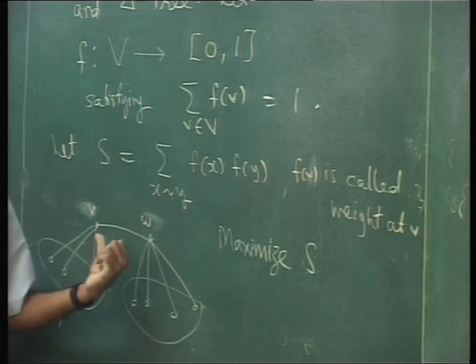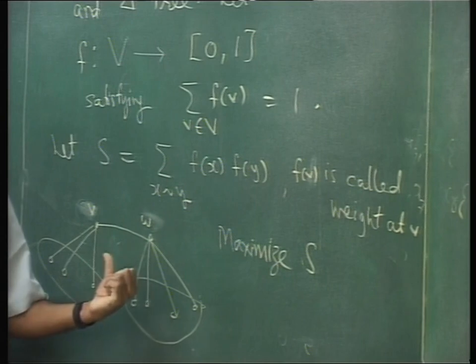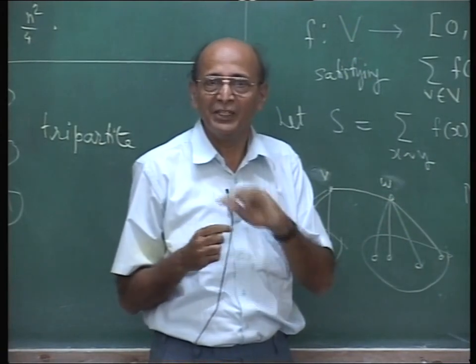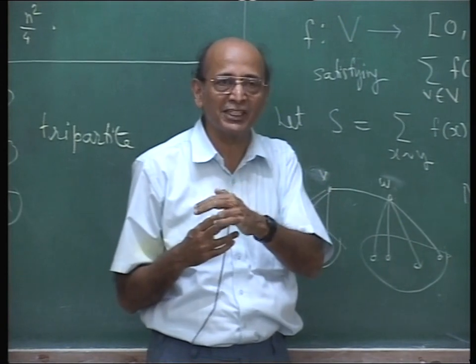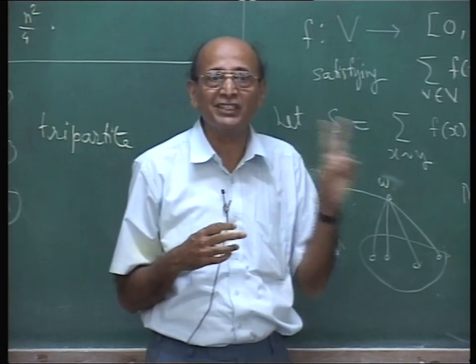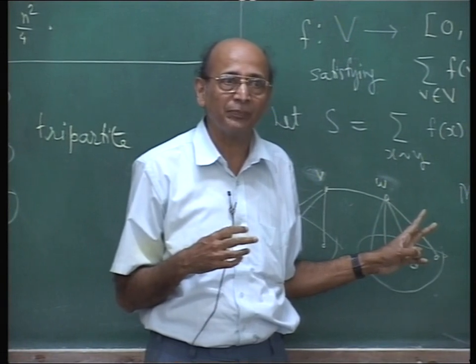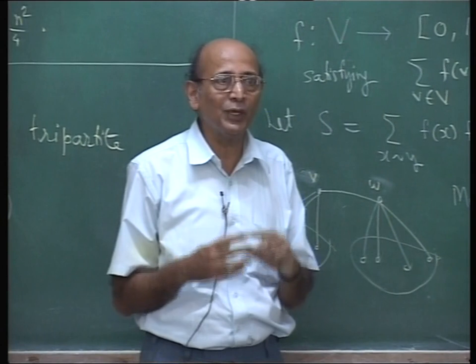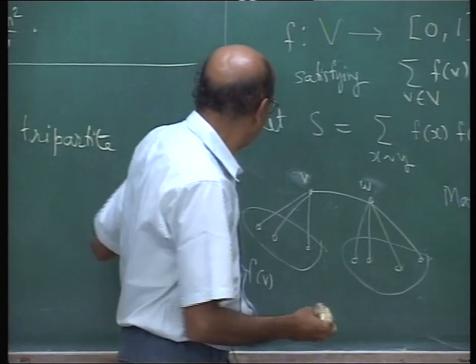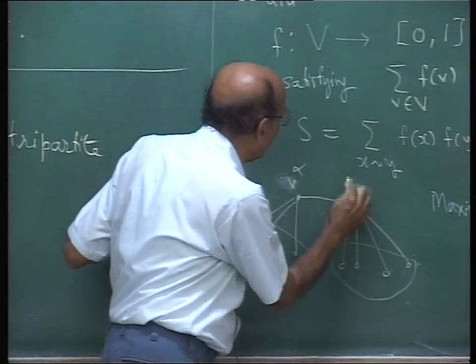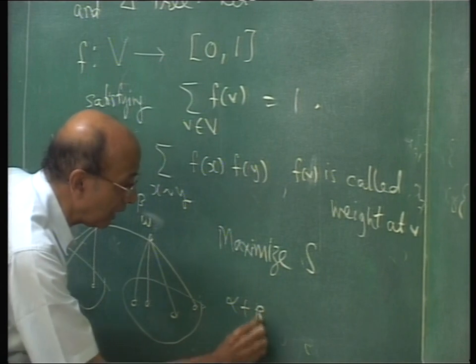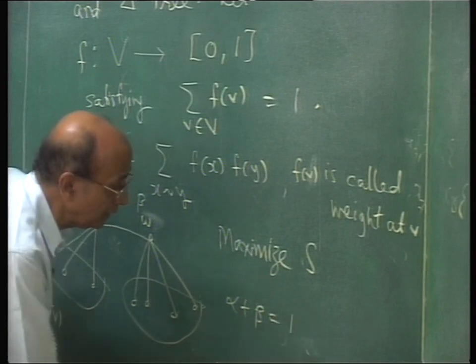But the procedure that I am outlining to you says that you should just about do that. What it means is you should try to push the weight as much as possible only on two adjacent vertices. If all the positive weight is on two adjacent vertices, say v has weight alpha and w has weight beta, the remaining things have weight 0, then alpha plus beta is equal to 1.